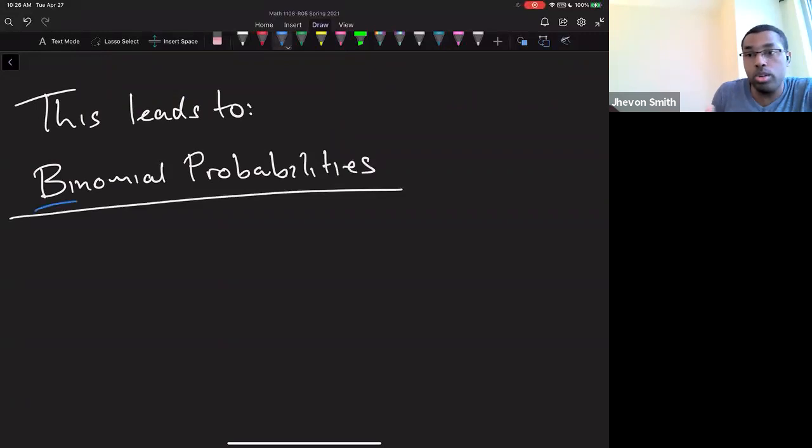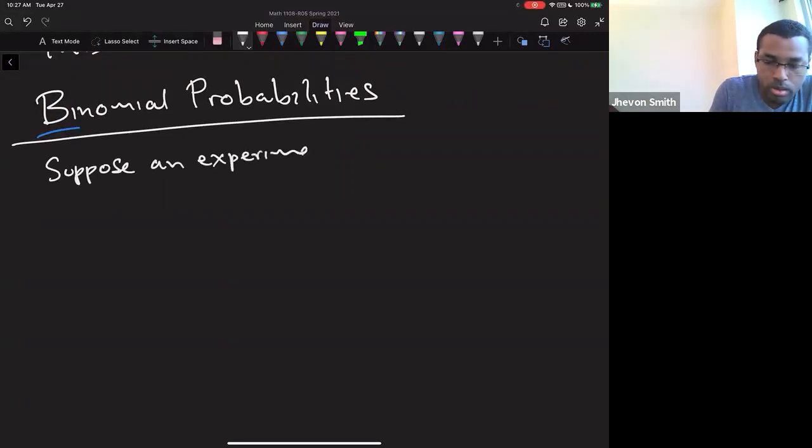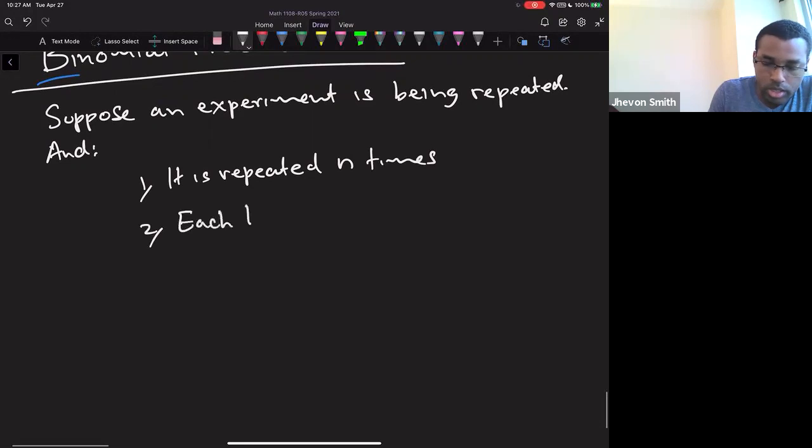Right? So bi means 2. So this is a situation when you only have 2 kinds of outcomes, success or failure. So suppose an experiment is being repeated. 1, it is repeated n times. 2, each trial is independent.